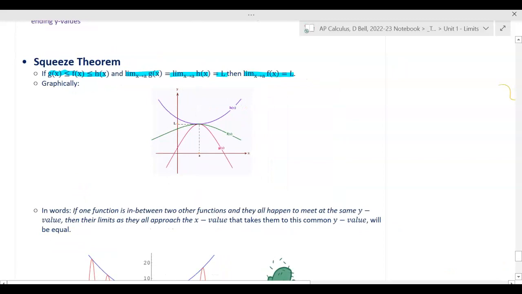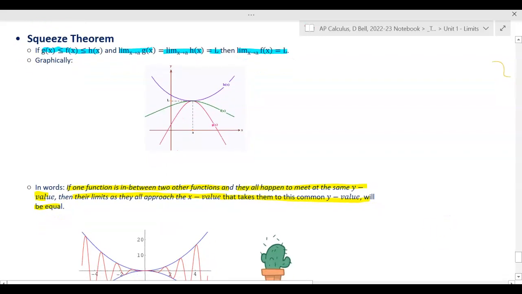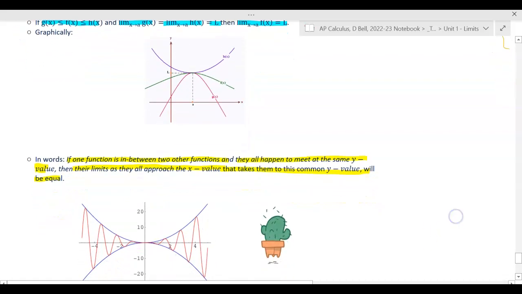So if one function is in between two other functions and they all happen to meet at the same y value, then their limits, as they all approach the x value, will be equal. So it has to line up perfectly to be applied, and it's just not all that applicable.